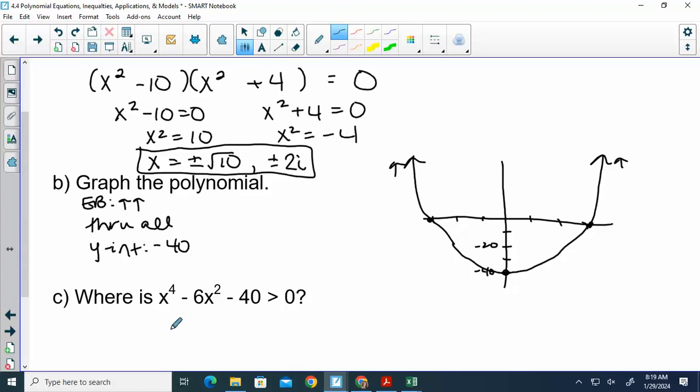So where is this graph greater than 0? Negative infinity to the negative square root of 10, union the square root of 10 to positive infinity. Good. I didn't ask it, but if I did, where is it less than 0?